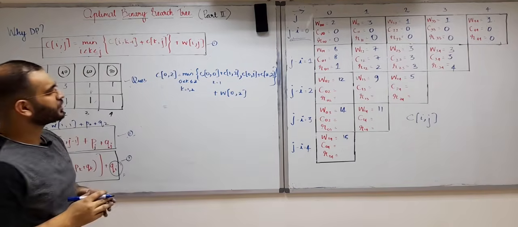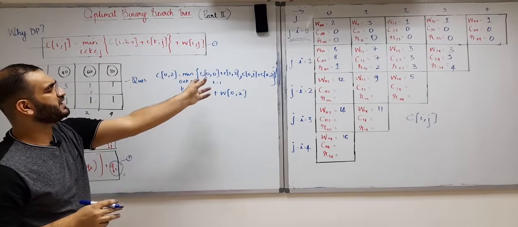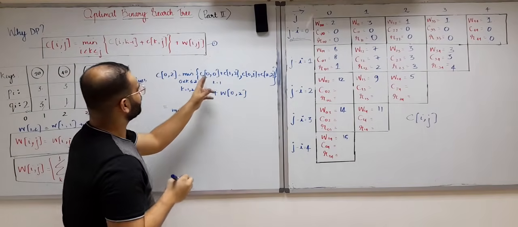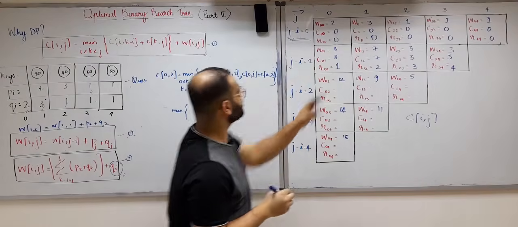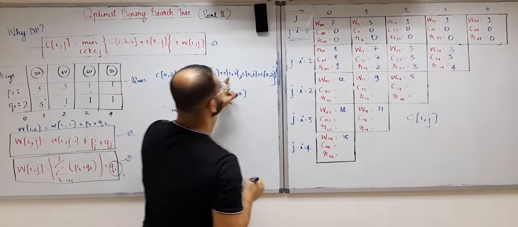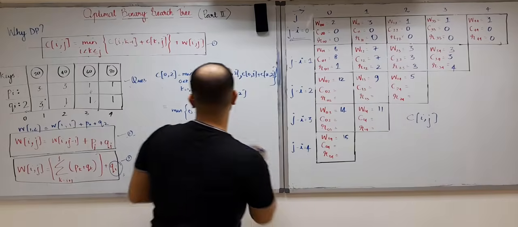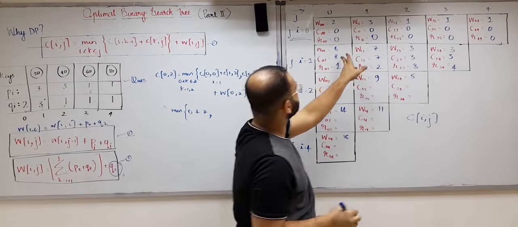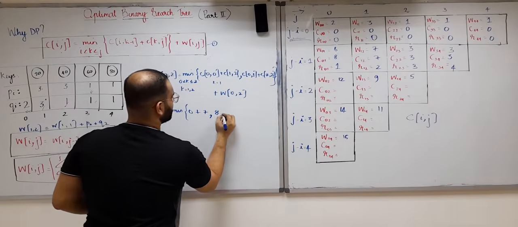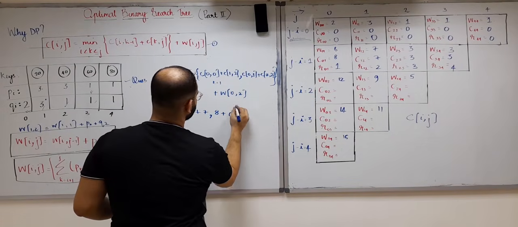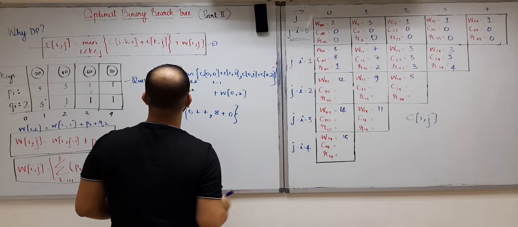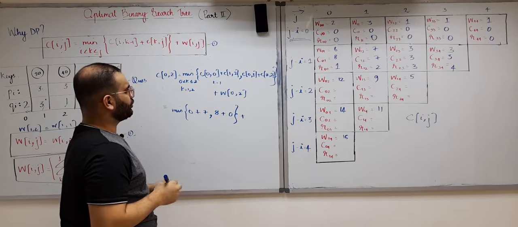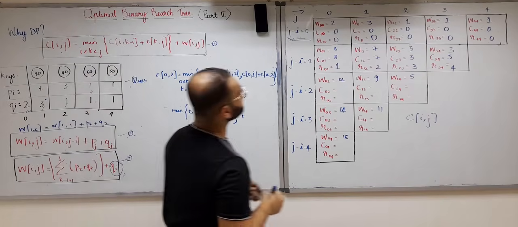Okay, so now let us find out this minimum term. So minimum of, what is C 0 comma 0? We know it is 0 plus C 1 comma 2, C 1 comma 2 is 7, comma, then C 0 comma 1, C 0 comma 1 is 8 plus C 2 comma 2, of course it will be 0 because it is a 0 node binary search tree, we don't need to look at the table, plus W 0 comma 2. What will be W 0 comma 2? Do we know it?